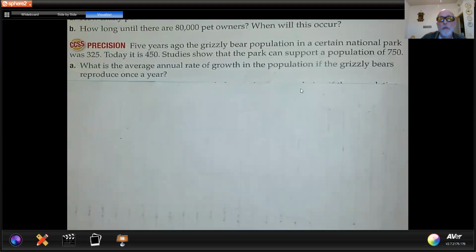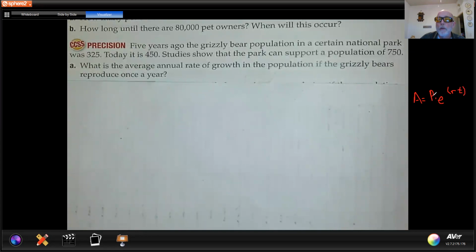Okay, PERT is a formula that looks like this. A equals P times E. Remember, E is that number, 2.718, raised to the RT power, RT.